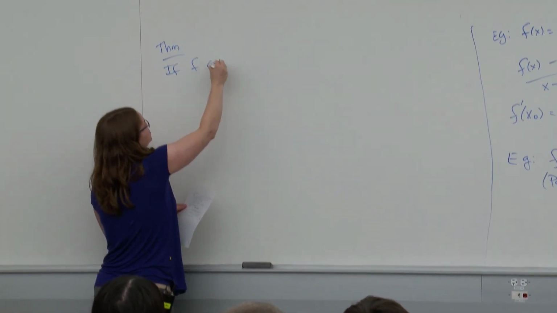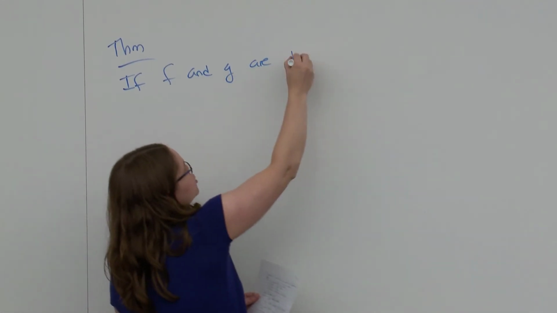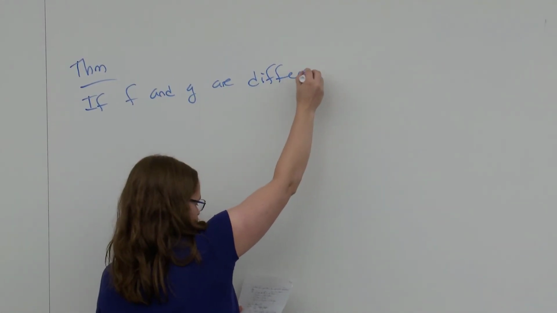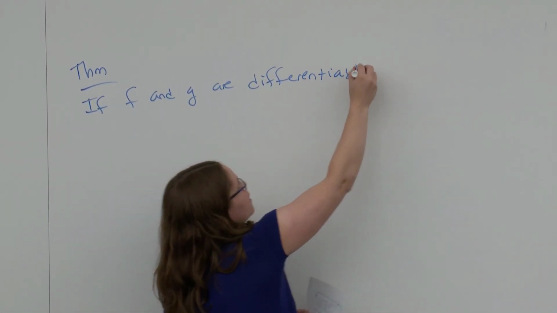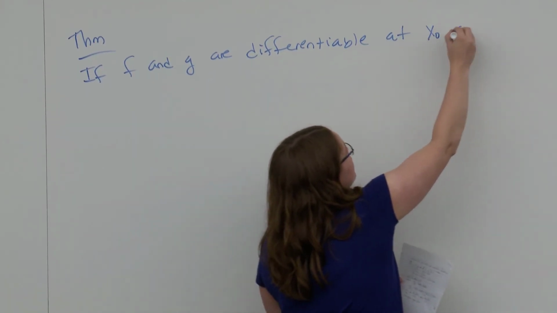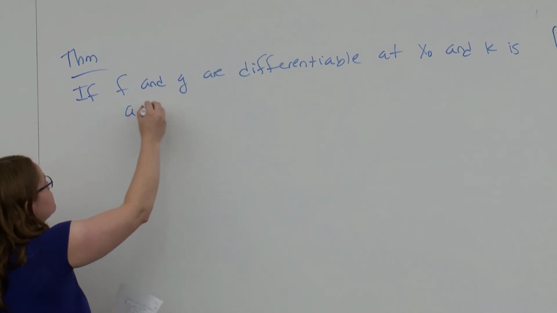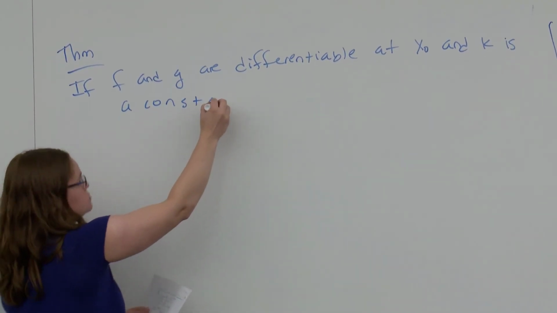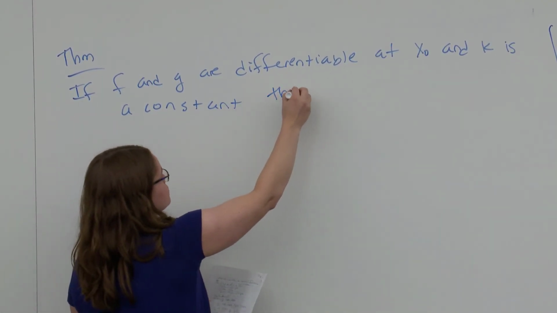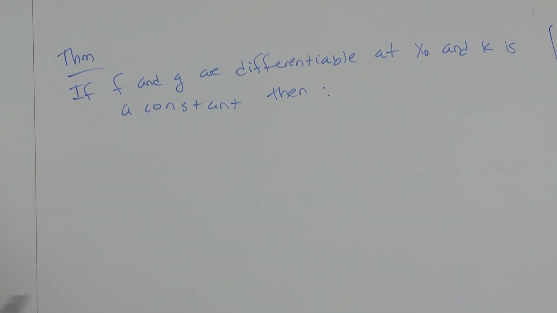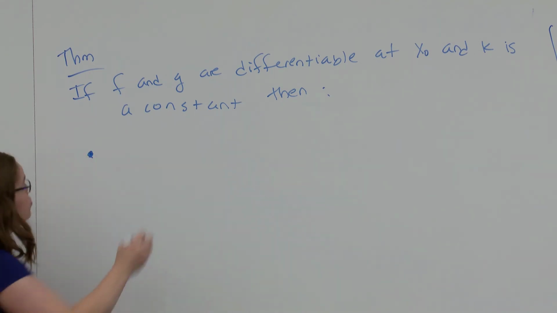if f and g are differentiable at some point x naught, and k is a constant, then we have a few new rules.